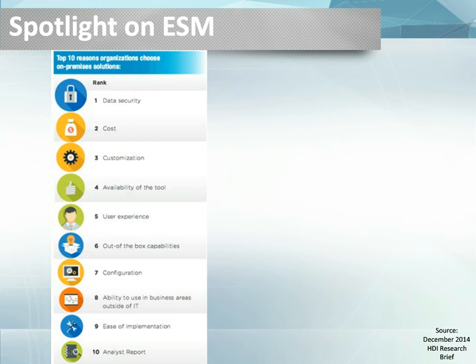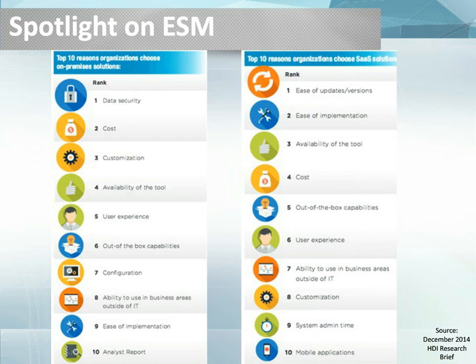It's a good tool. And now, next to that, I'm going to show you the top 10 reasons why people said they chose SaaS solutions, solutions that are delivered across a network. Number one, ease of updates and versions. Not having to worry about somebody going into the server, shutting the server down, or moving to a backup and updating a version. It just kind of happens in the background. Number two, ease of implementation.